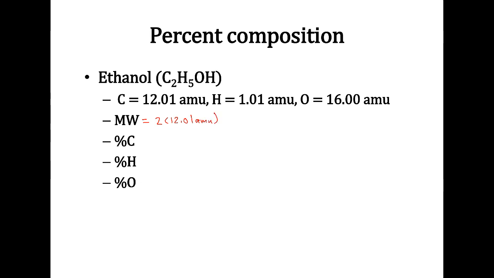Now how many hydrogens are there? Be careful here, because the formula is written more as a structural formula, so we know how things are bonded. But we have 5 hydrogens here, and then 1 hydrogen over here, for a total of 6. That's 6 times 1.01 AMU, plus we have 1 oxygen.